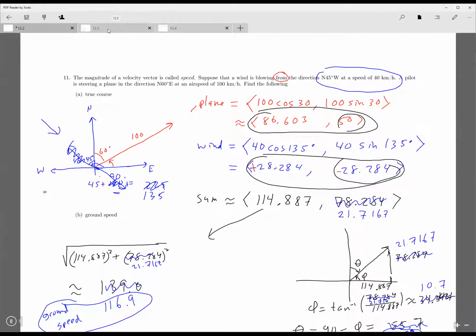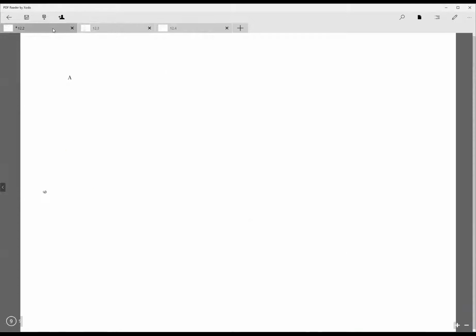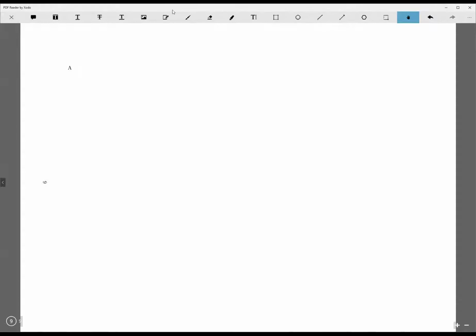I had one on the homework. Yeah, for 12.2b, number 4. I don't know why I just got confused on this. I thought it was just that you add the vectors, the components separately. Okay, so 12.2, number 4. Let me look that up really quickly. Find the sum of the vectors.